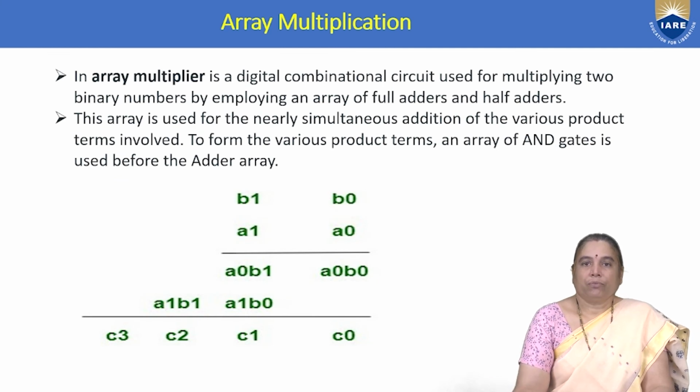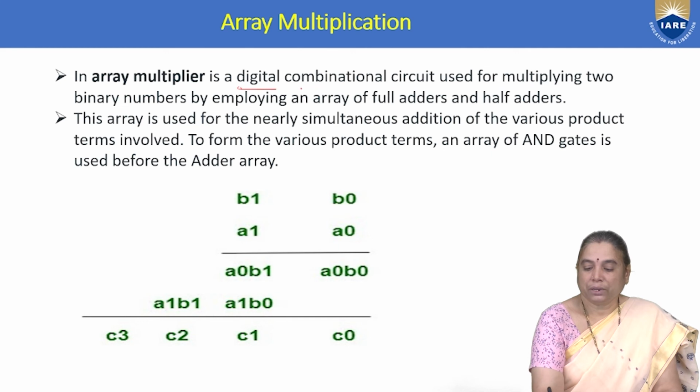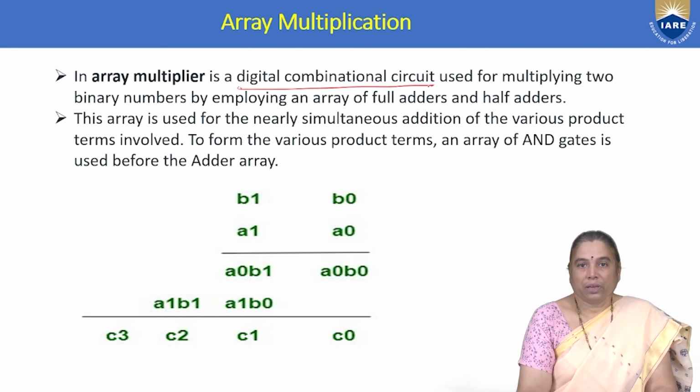Another variety of multiplication is available, that is array multiplication. An array multiplier is a digital combinational circuit which uses half adders and full adders to find the multiplication.